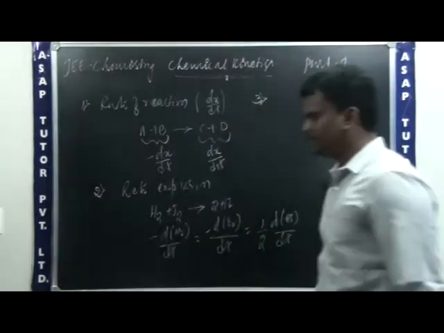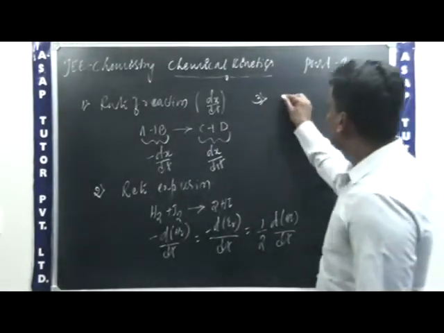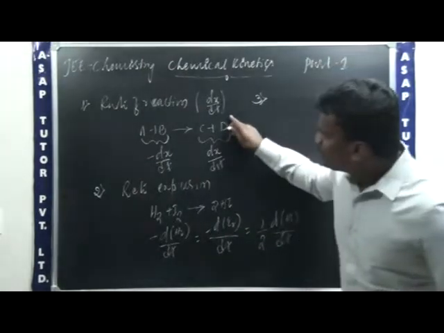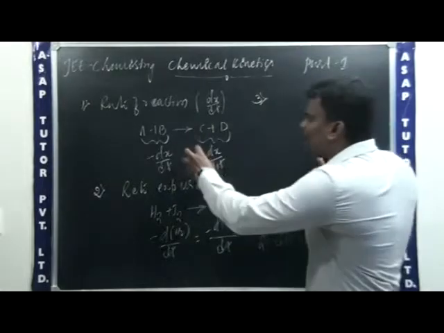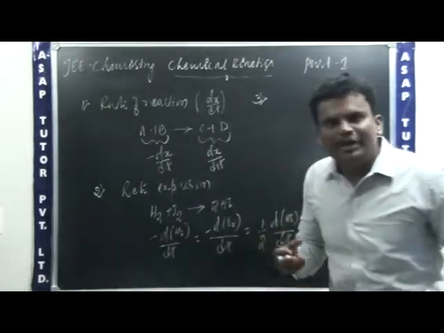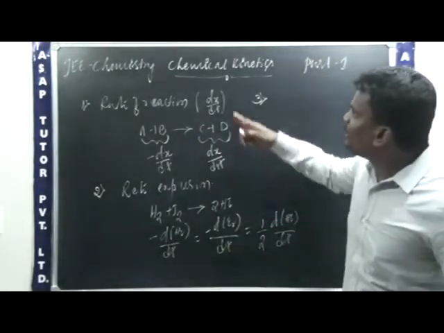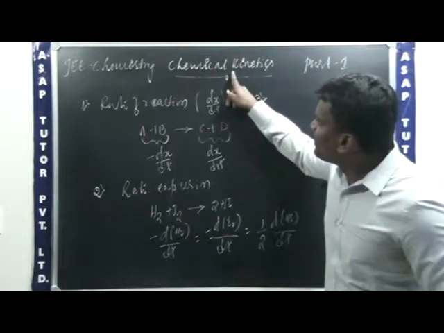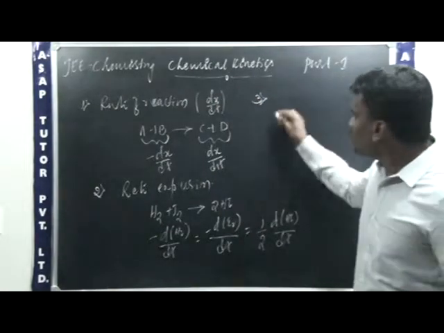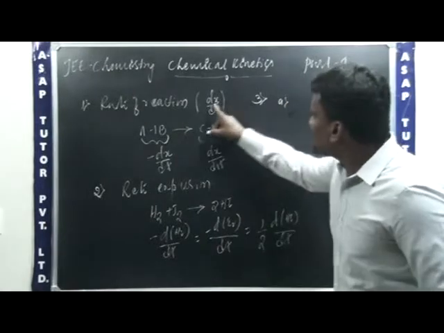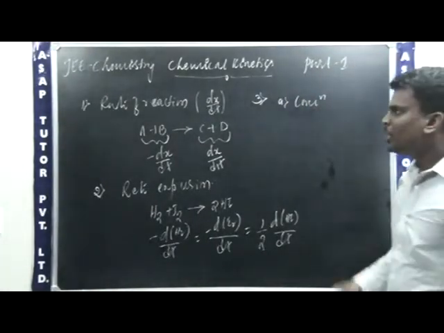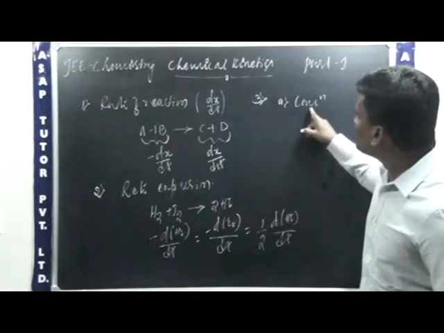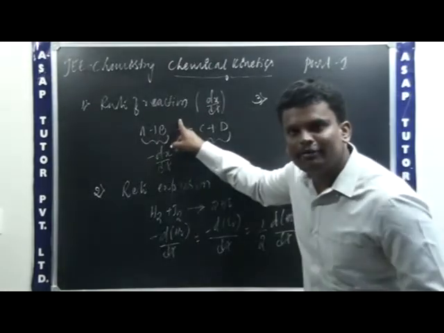Next, the third synopsis. I only gave the description about the rate of reaction. The rate of reaction depends upon many factors. While learning the main concepts of chemical kinetics, the first point is that the rate of reaction depends upon concentration. Now the question arises: how does concentration affect the rate of reaction?